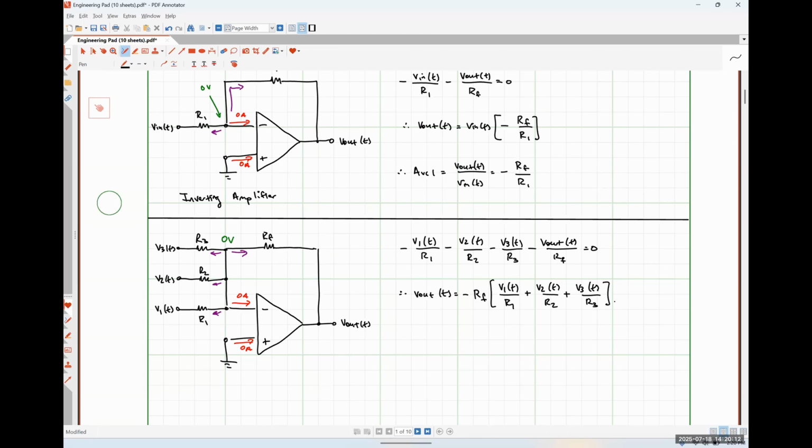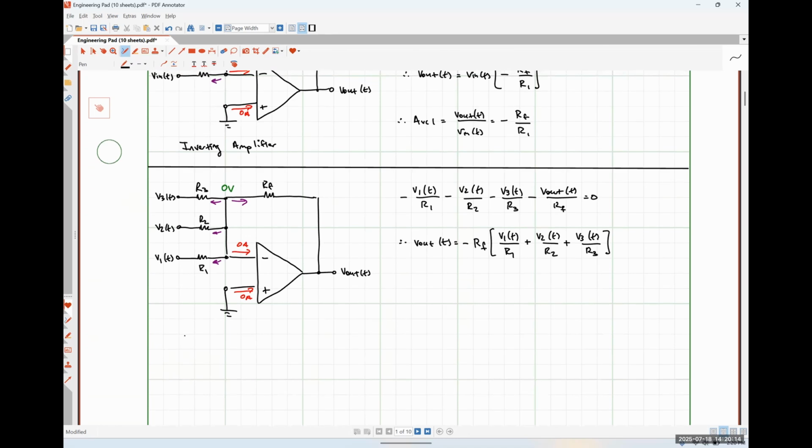This particular amplifier is known as a weighted inverting summer. It is a weighted summer because each individual input signal is weighted or scaled by a different amount. It is an inverting summer because the output signal is of the opposite polarity of the input signals. There's that negative sign out front, and it's obviously a summer because it's adding together those input signals.